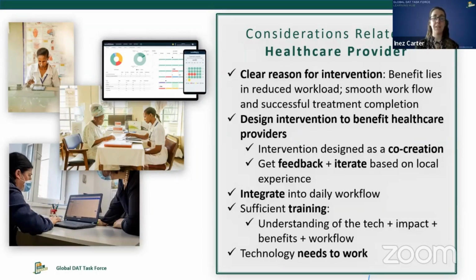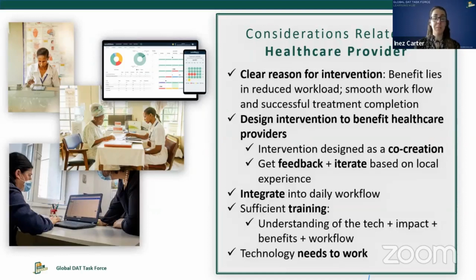And then lastly, they need to have a good understanding of the workflow associated with rolling out this intervention. For example, if a person on treatment is not sending through their adherence data, they need to understand what processes to follow so that they can provide optimal support for people on treatment.